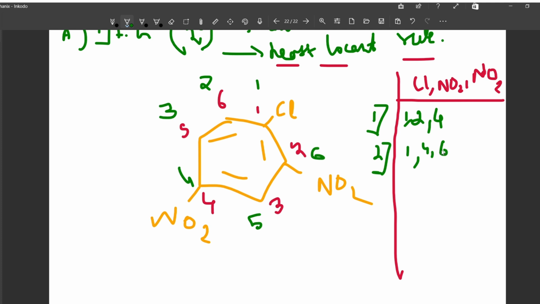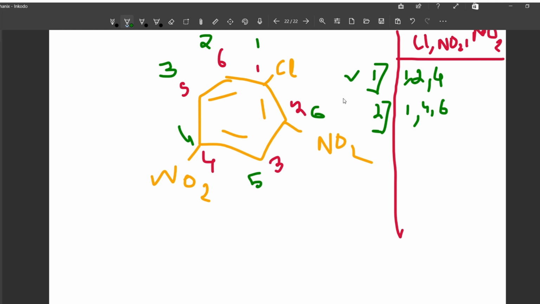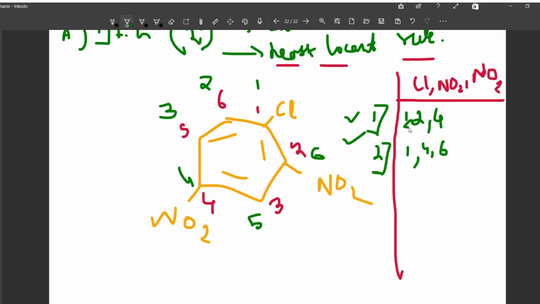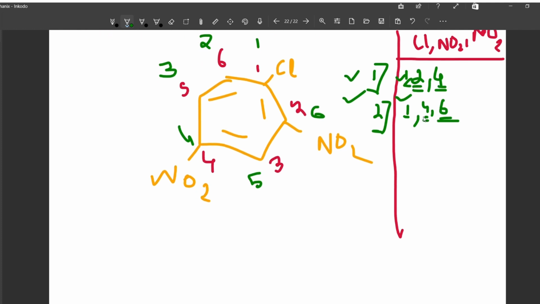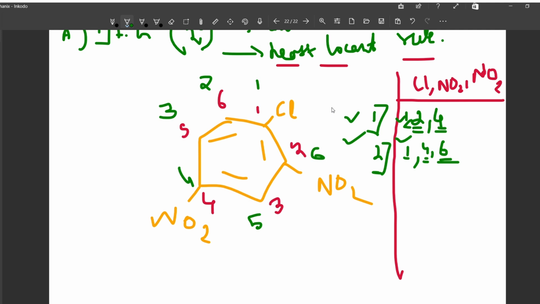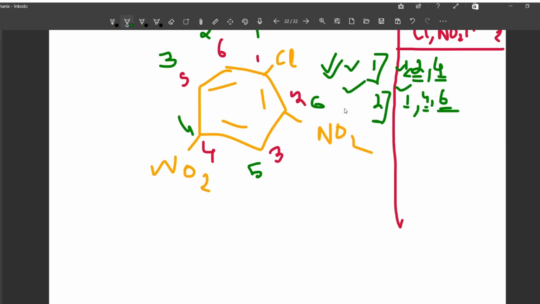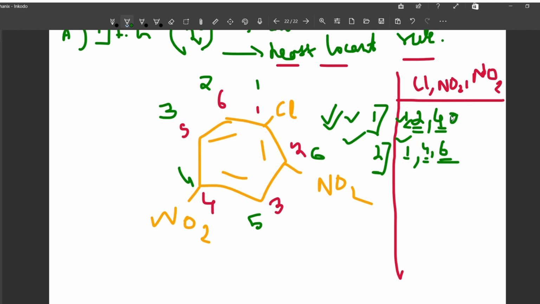Now if we were to compare these two orders, you can clearly see that 1 is the same here. 2, the next number, is smaller than 4, and 4 is less than 6. Normally, if the first number is the same and the second number has a smaller value, we're going to prefer the first order. No matter what the third number is, we only care about the second number here.